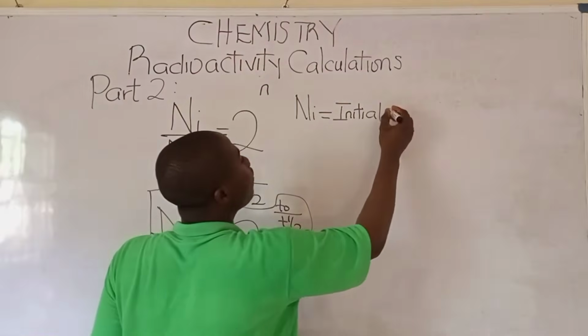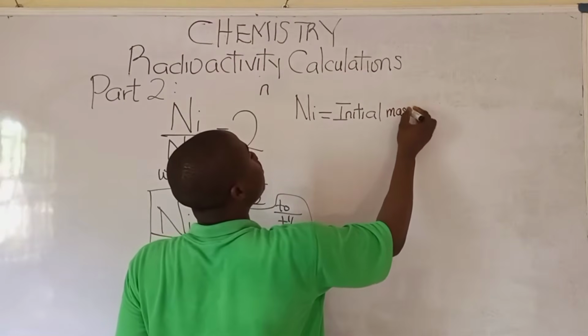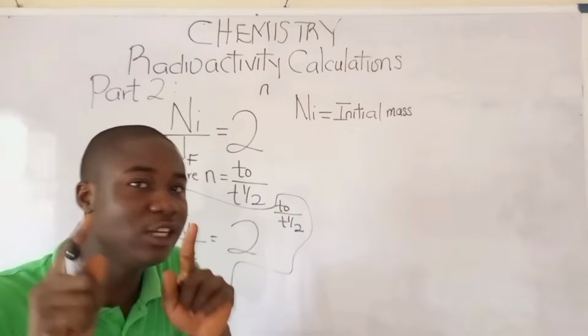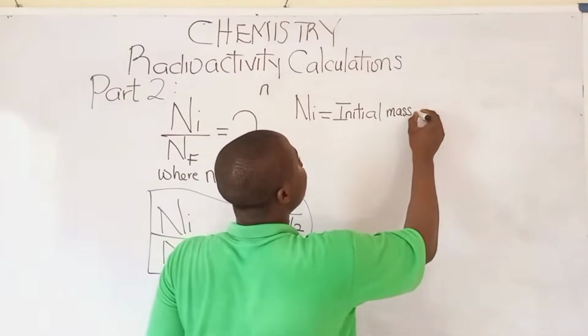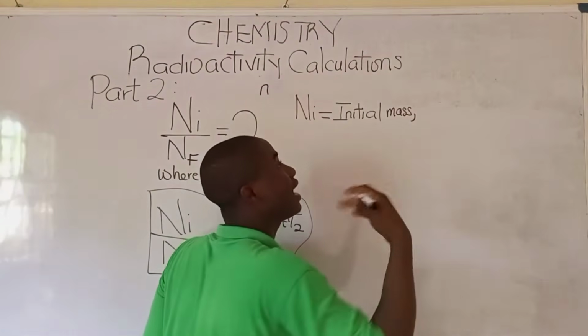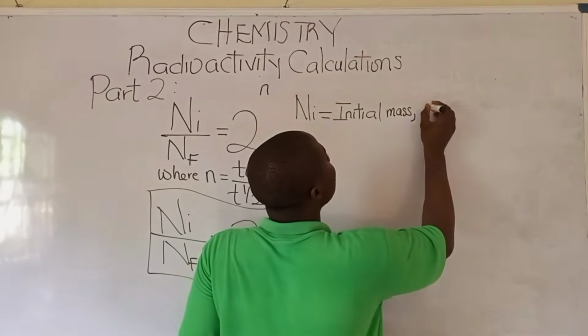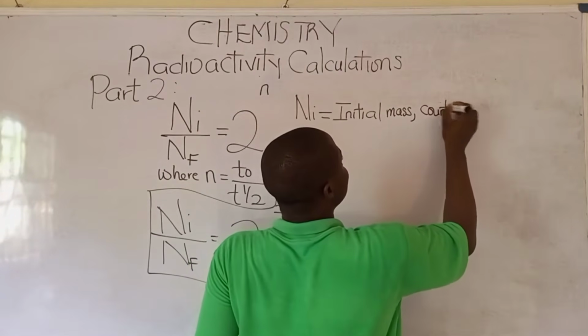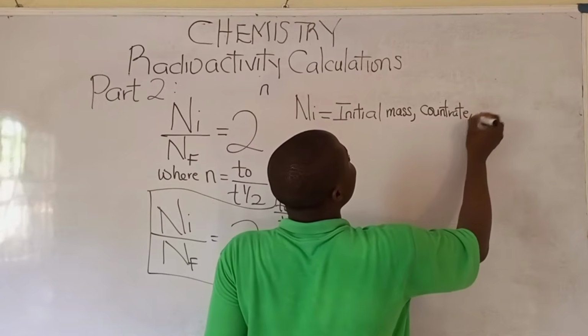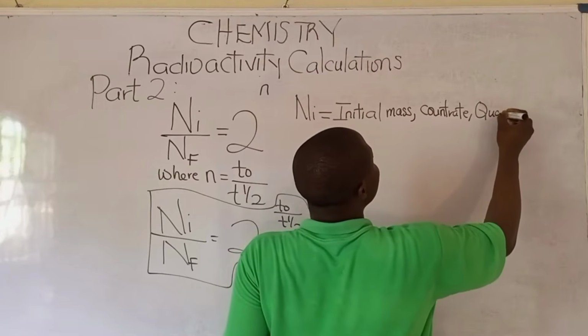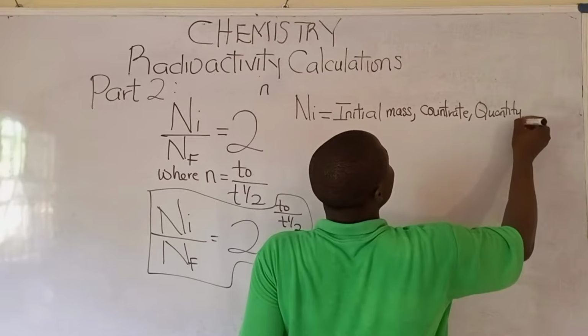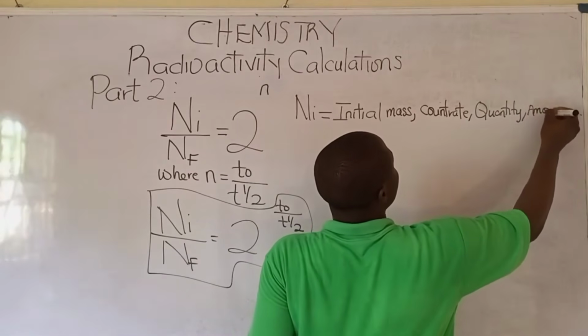So here now, Ni can be represented as initial mass. If you don't want to call it initial mass, and the question says calculate count rate, it can be initial count rate. Okay, it can be initial quantity. Okay, it can be initial amount.